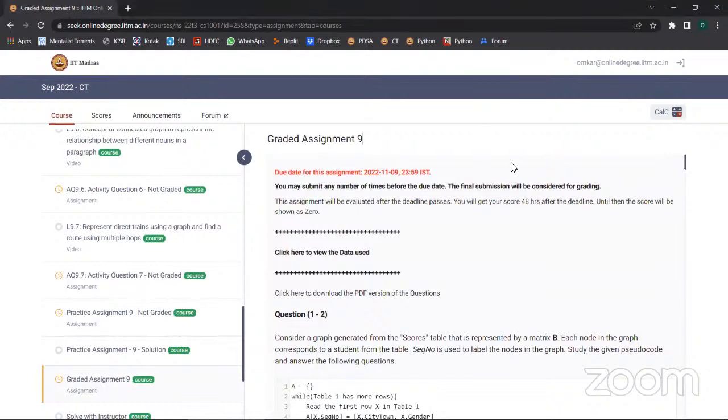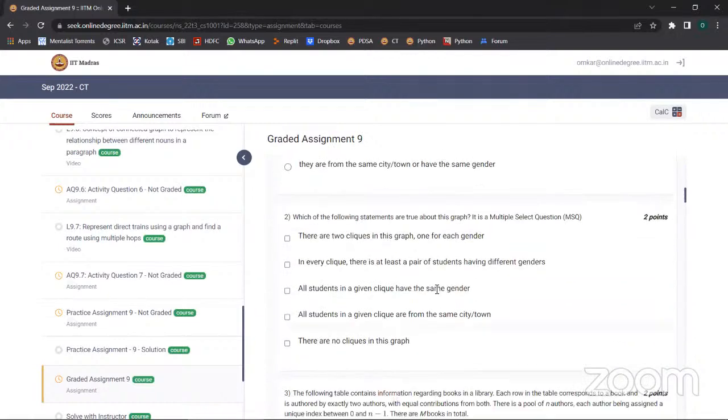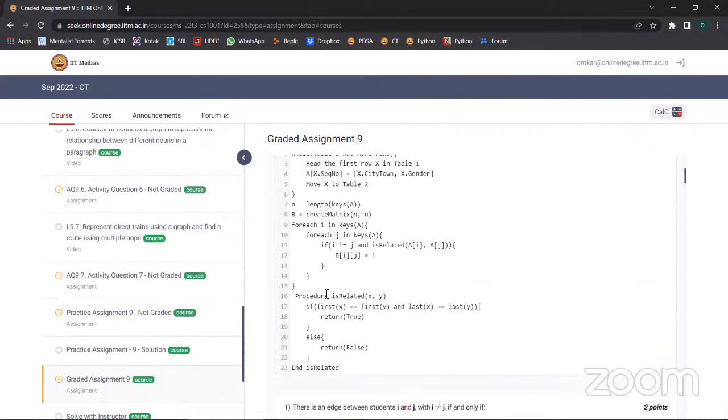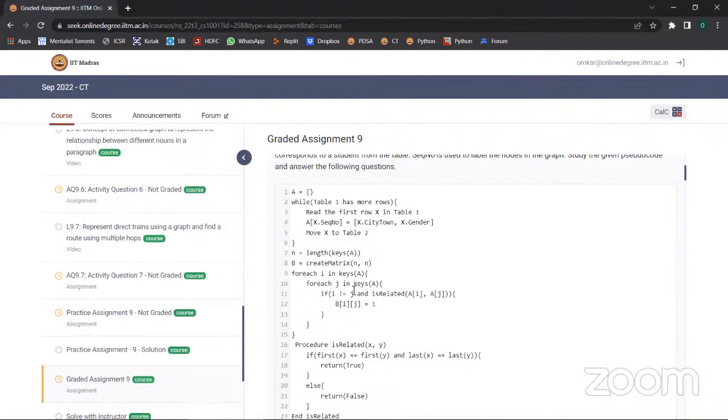In the second question, they were asking the Cliques question, and they're asking about the graph. How will we draw a graph for a program? Which of the following statements are true about this graph? The graph generated using this pseudocode. This pseudocode will generate some graph, right?